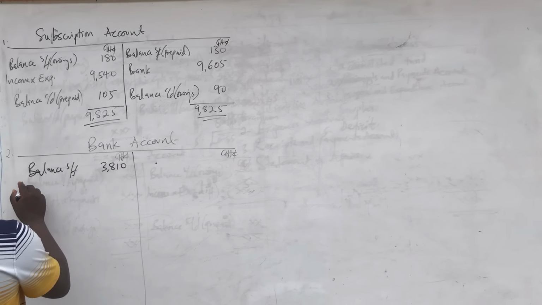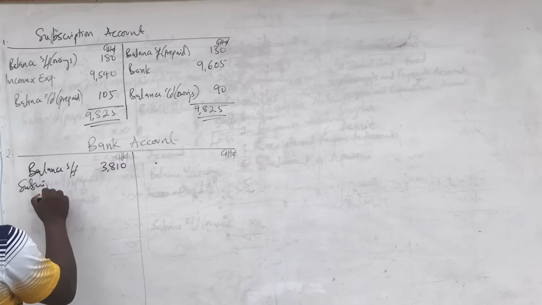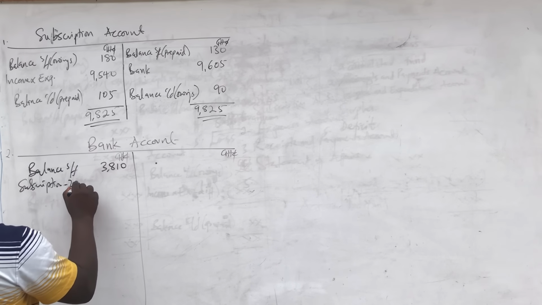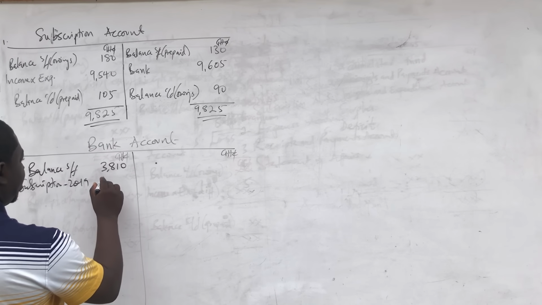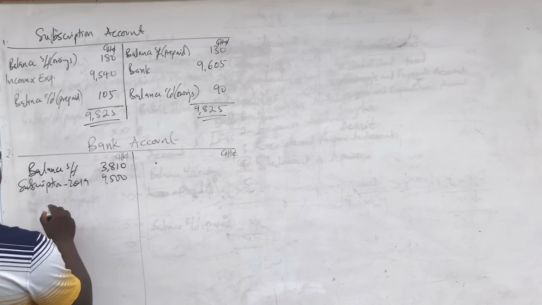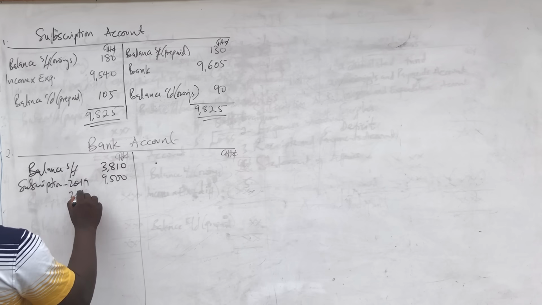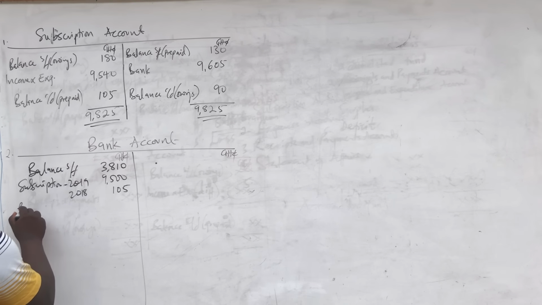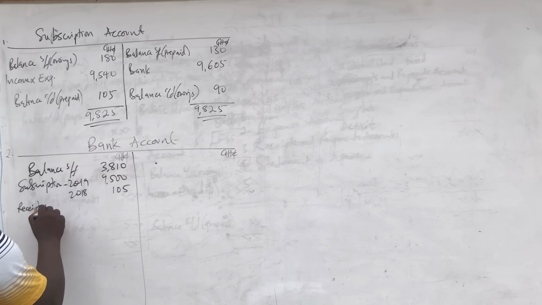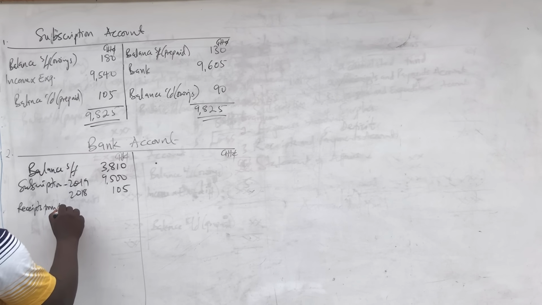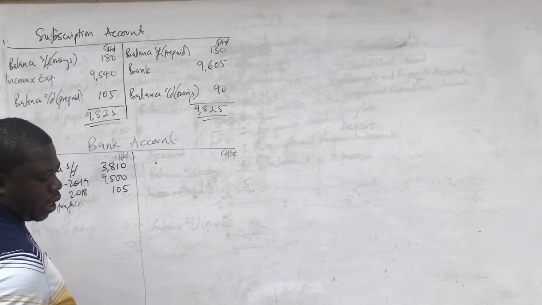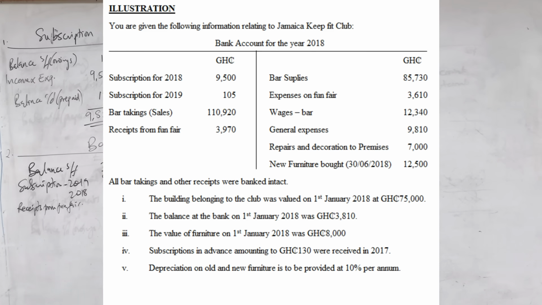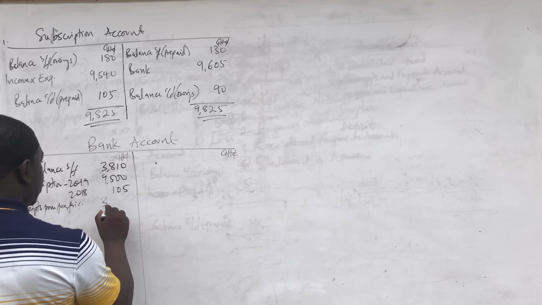So we have subscription for 2019 to be 9,500. We have subscription for 2018 to be 105. And then we have receipts from fanfare, and the receipts from fanfare figure is 3,970.